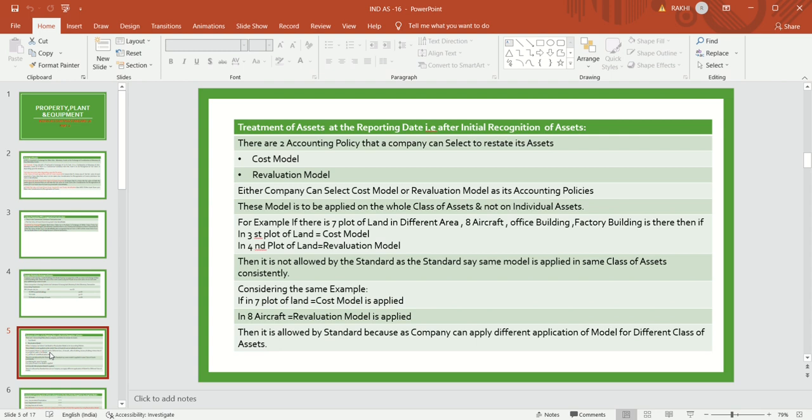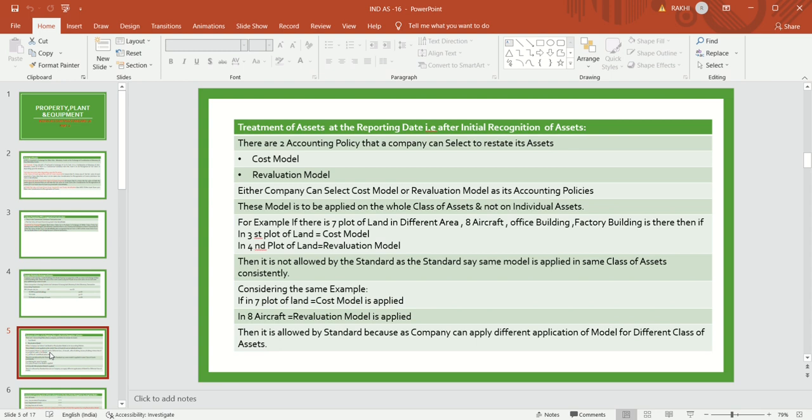This is to be explained by example. Suppose the company has 7 plots of land in different areas, 8 aircraft, an office building and a factory building. These items recognized in the balance sheet, land has a different nature and use, aircraft is of different nature and use, office building is of different nature and use, factory building is of different nature and use, so they do not belong to the same class of assets.